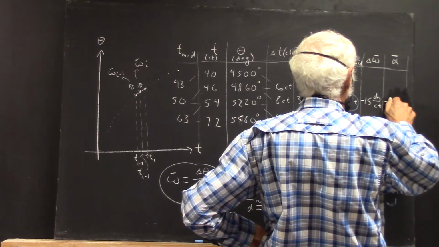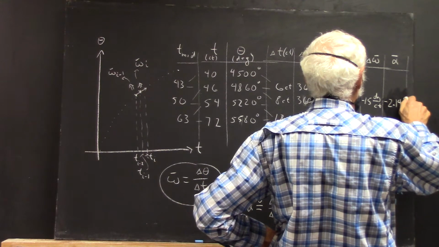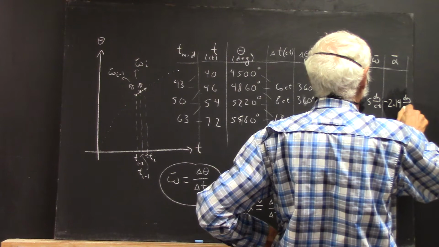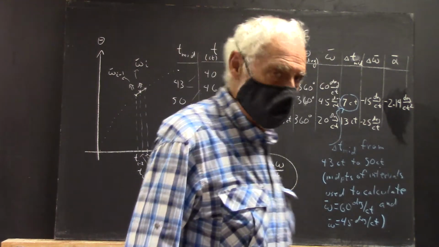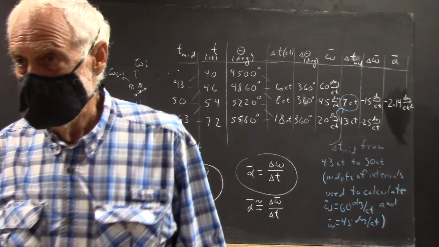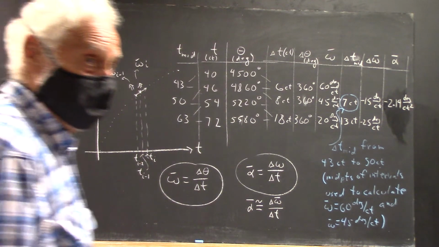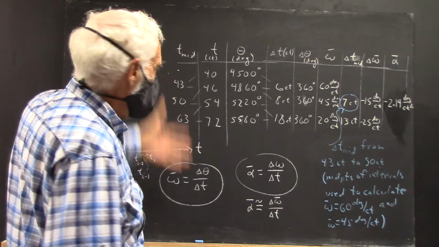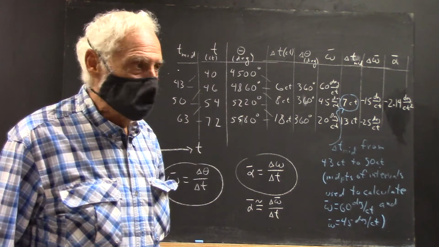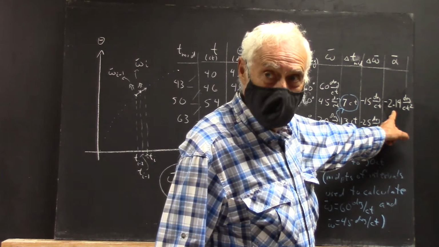Okay, so it's negative 2 point, well, we've got a ridiculous number of significant figures. If you divide that out, you're going to get about 2.14. Okay? Well, that's ridiculous. I've got way too many significant figures. There's nothing in my data here that permits me to write that 0.14.